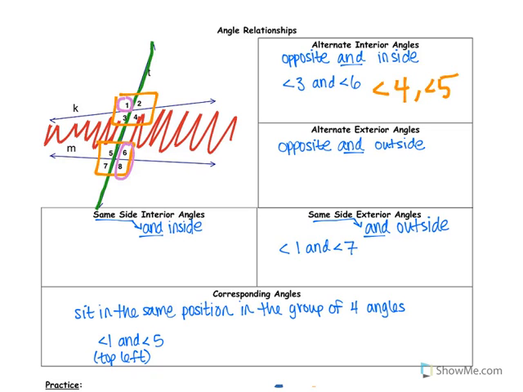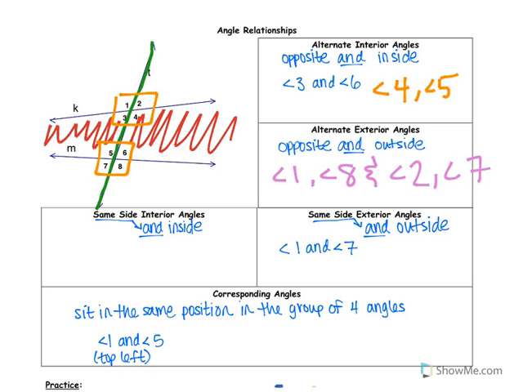But it also needs to be exterior, so my only option is 8. So angle 1 and angle 8 are alternate exterior angles. And there's another pair. Angle 2 is going to go with angle 7. Angle 2 is on the right, angle 7 is on the left. And that's my other alternate exterior angle pair. Okay?